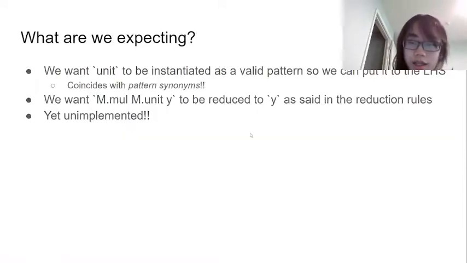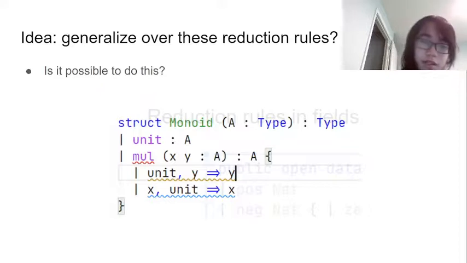So we have to ask them to be instantiated as a pattern, so they can be put into a position where patterns go. This idea coincides with pattern synonyms. We're making pattern synonyms a first-class citizen in the language, so we can quantify over pattern synonyms, and then put these quantified pattern synonyms in the pattern matching.